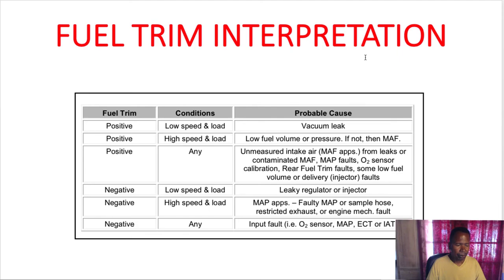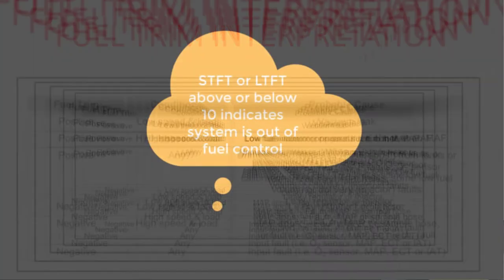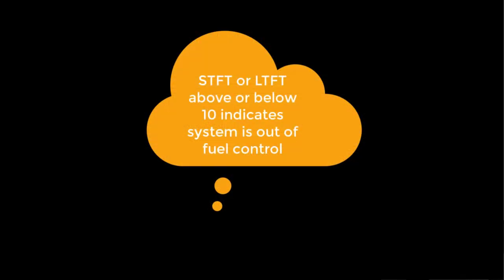Here's an example of some problems. Fuel trim positive, say plus 15, at low speed could be a vacuum leak.